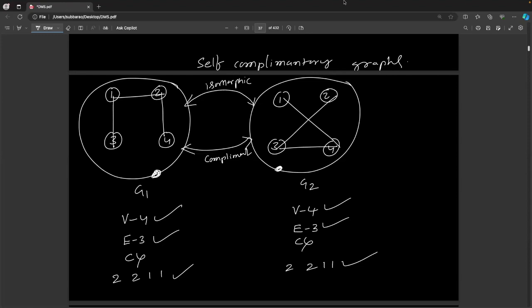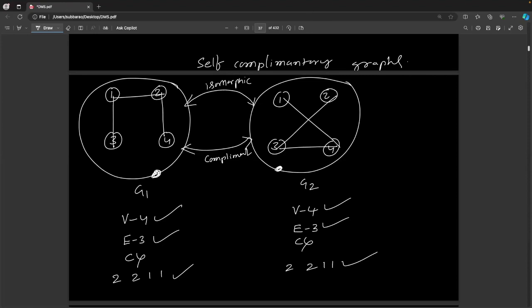So this is called a self-complementary graph. Very simple: a graph which is complementary to itself. You may be thinking the two graphs are different, but no, both are the same. For the given graph, if I do complementation, I get itself. That is called a self-complementary graph.